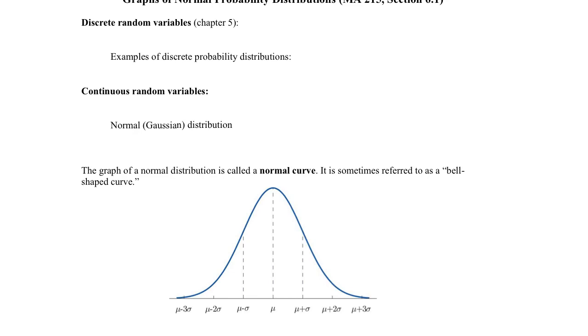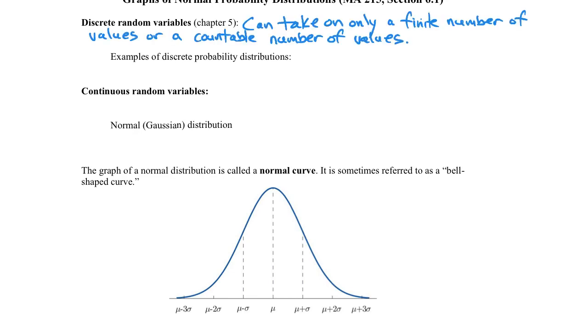So to start off here with our handout, we talk first about discrete random variables, which we talked about in chapter 5. And if you remember, we said that discrete random variables can take on only a finite number of values or a countable number of values. So the one that we talked about a lot was maybe a coin flip with the binomial distribution.